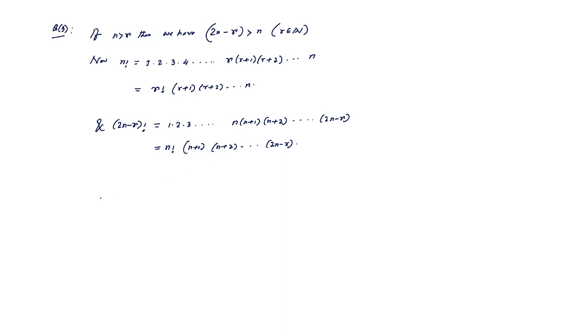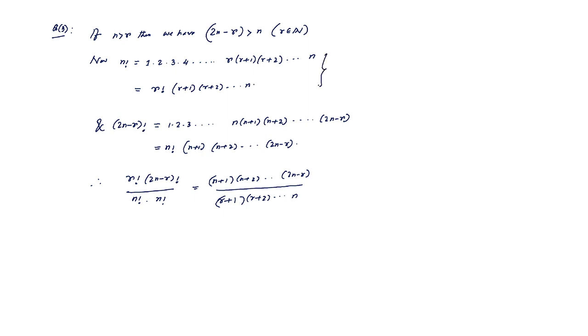So from this, therefore, r factorial multiplied by 2n minus r factorial divided by n factorial into n factorial, this will be n plus 1 into n plus 2 up to 2n minus r divided by r plus 1 into r plus 2 up to n.